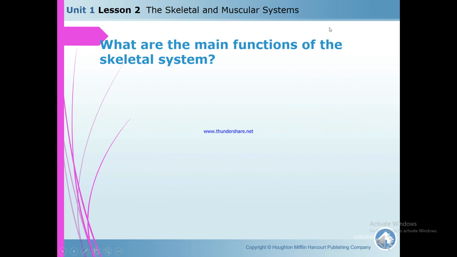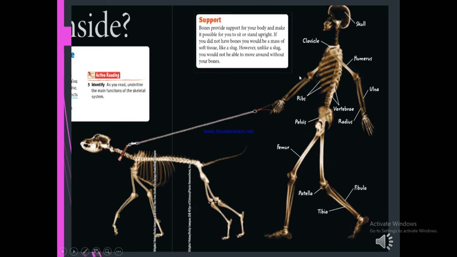Show them your shoulder and say this is the clavicle. These are my ribs. My arm, this bone is called humerus. I'm sure many of them don't know about it, or maybe they studied and forgot it. So remind them, this is humerus, this is femur, your hip bone is pelvis, vertebrae.